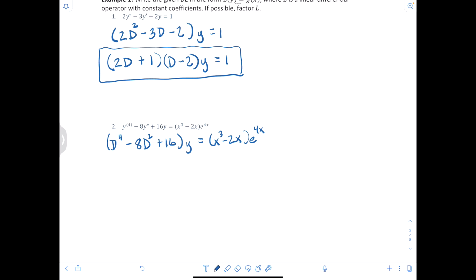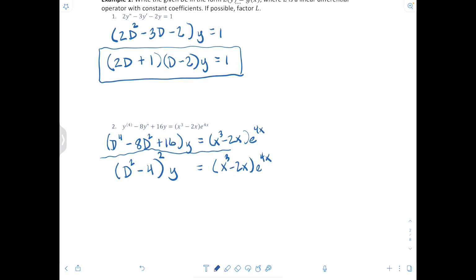All right, so this is actually the quantity second derivative minus 4, squared, times y, and that would equal x cubed minus 2x, all of that times e to the 4x. Cool? All right, perfect.